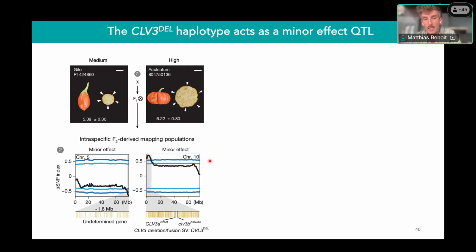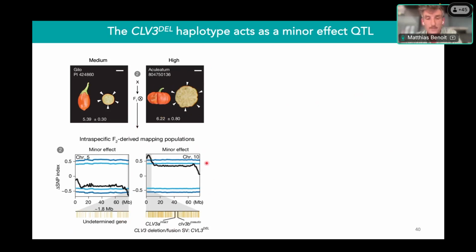And we also did a second QTL-seq analysis, this time between the same medium fruit size accession and the high fruit size accession to identify potentially other modifiers that would be involved in this increase in fruit size. And here we did see a totally different pattern with two minor effect loci that we detected in the high locule number accession. One of them is on chromosome 5, and we haven't been able yet to identify which gene could be involved.